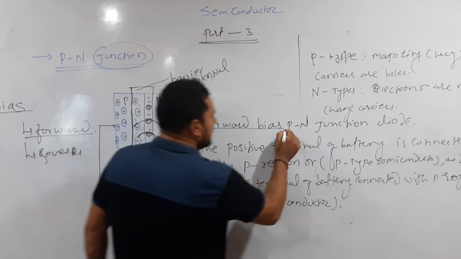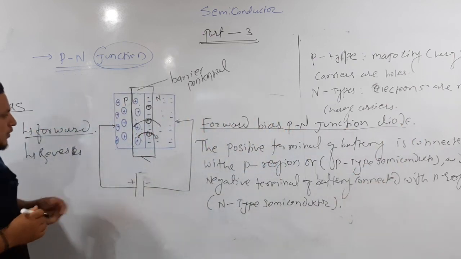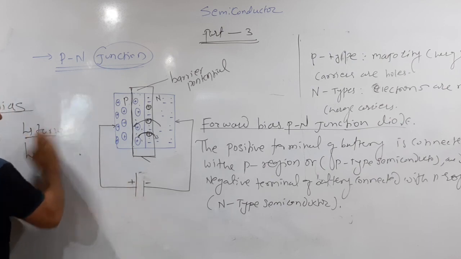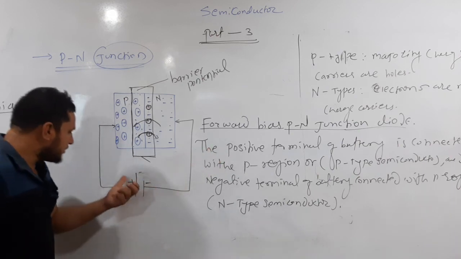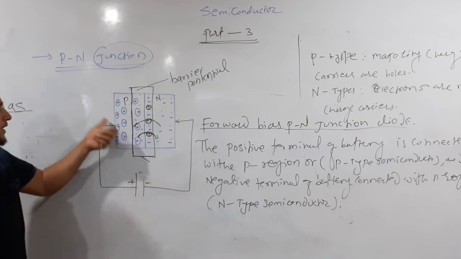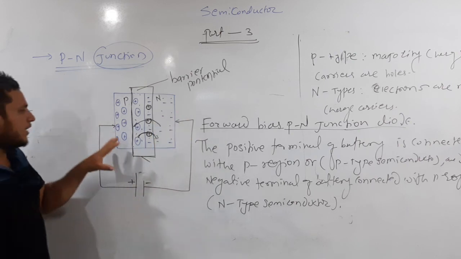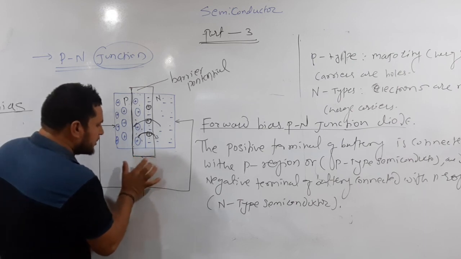Forward bias PN junction diode. Here, we are connecting the battery to that junction as per the definition. That is, the positive terminal of the battery is connected with the P region and the negative terminal of the battery with the N region. Now observe what happened. Okay, I am asking you a simple question.